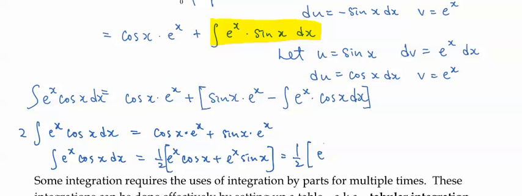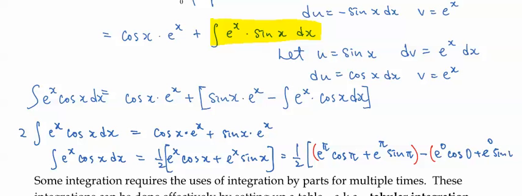So we have e to the pi, substitute pi into it, cos pi, sin pi, minus the same thing with x equals 0, cosine 0, sine 0.